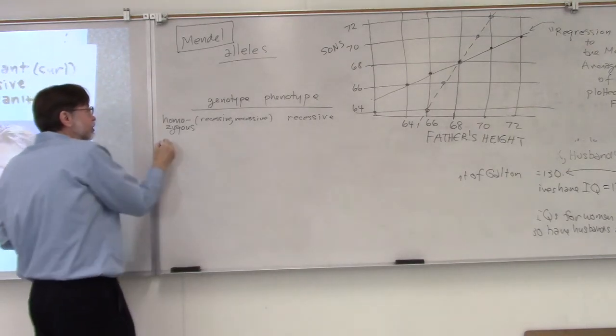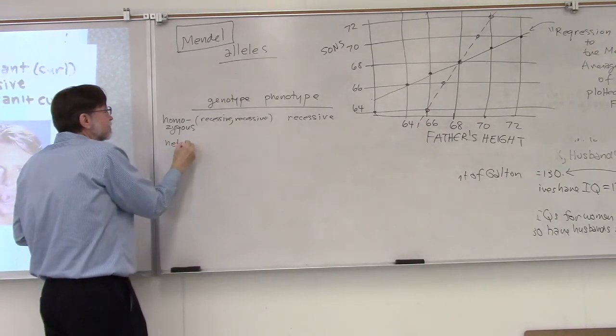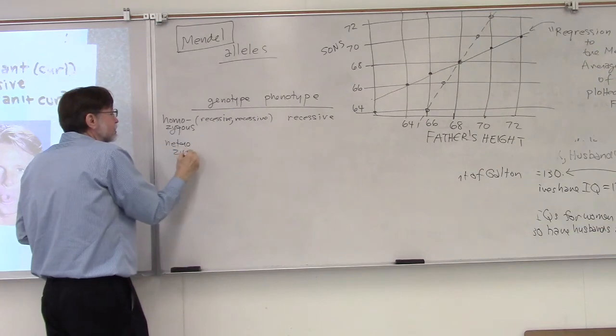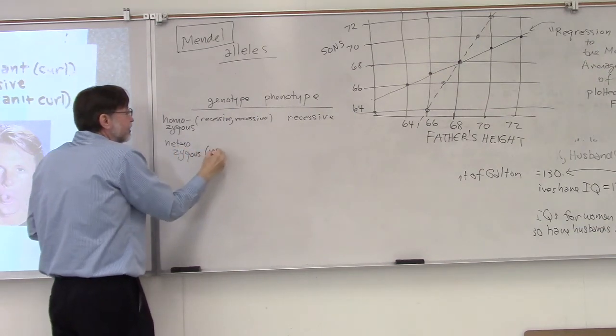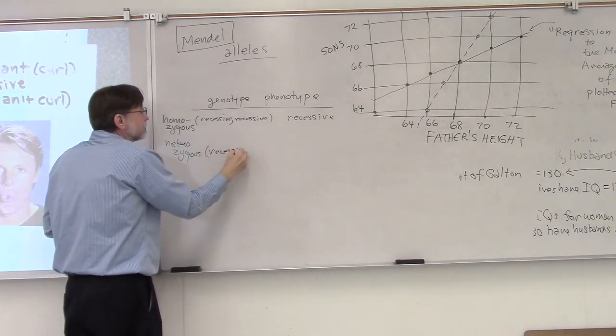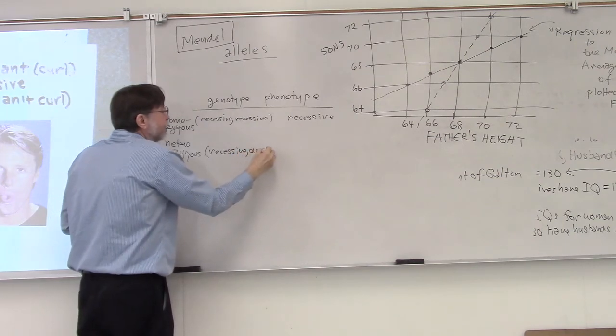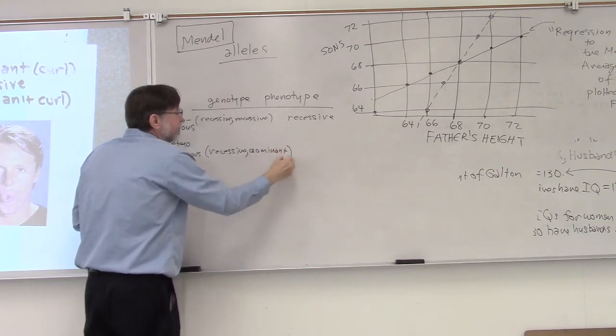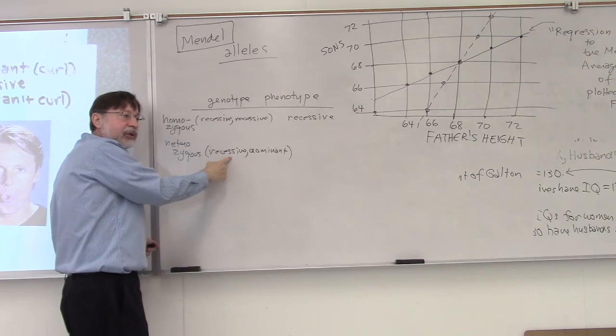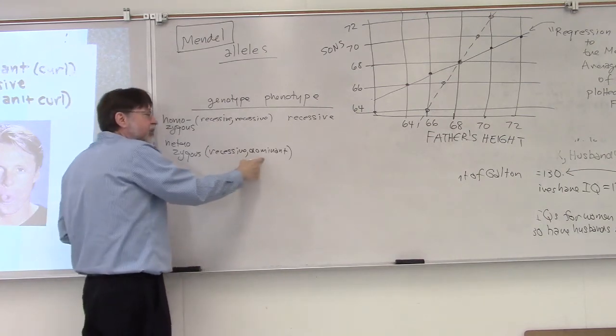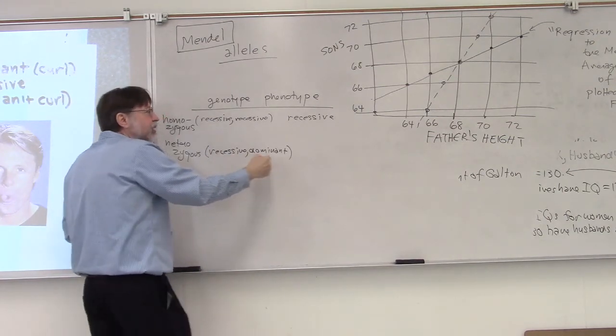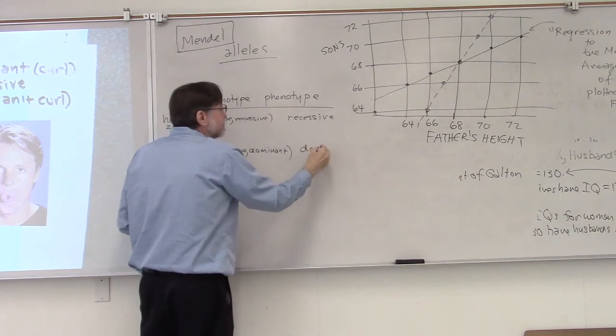Now, if you're heterozygous, with the recessive and dominant, so you have either the recessive from your mother or the recessive from your father and the dominant from the other parent, then you're going to have the dominant.